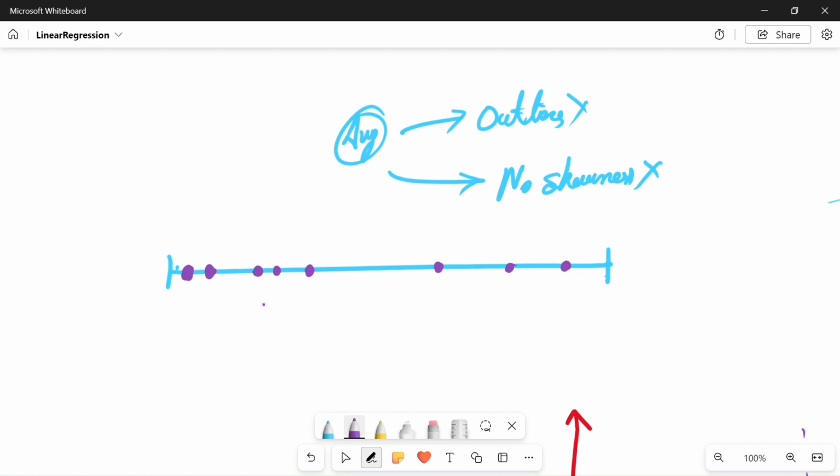What will be the position of that point? If you ask me, it will obviously lie in the high density region of this data set, right? Most probably it will be lying in the high density region of the data set. Again, I have stated the assumptions that I'm making: no outliers, negligible skewness.